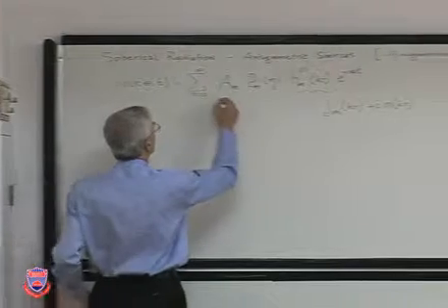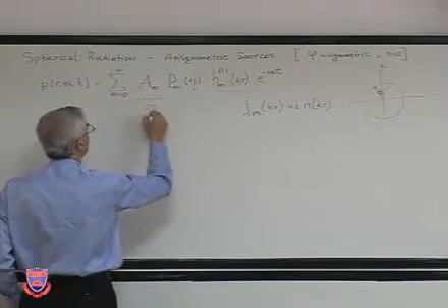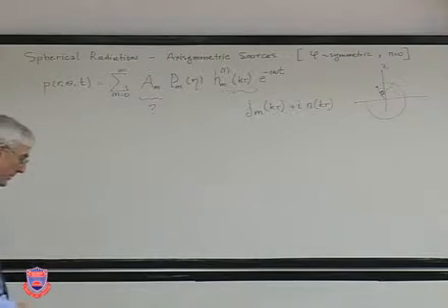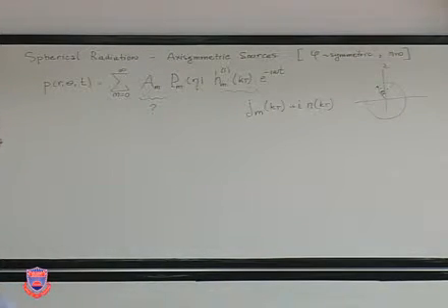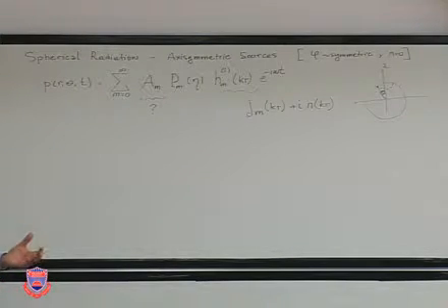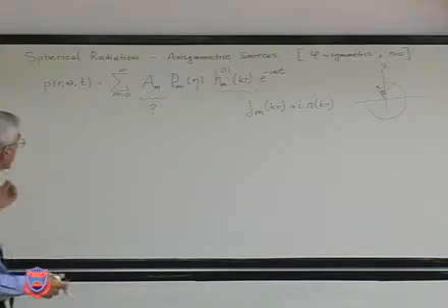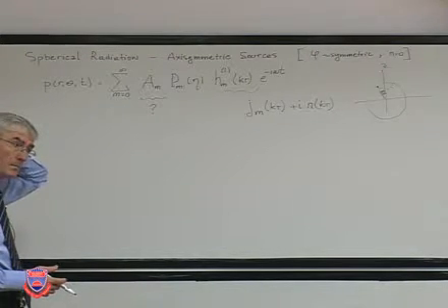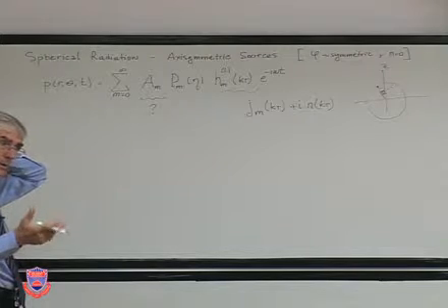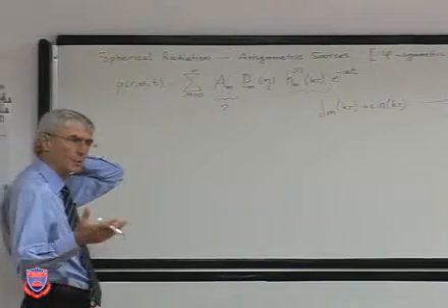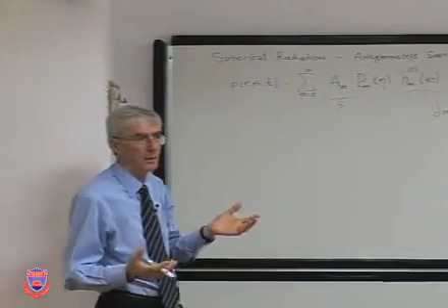Now, what is A_m? How do you find it? Exactly, the boundary conditions. In this case, we're talking about an axisymmetric spherical source. So how would you get the boundary condition? Usually, what is a boundary condition?